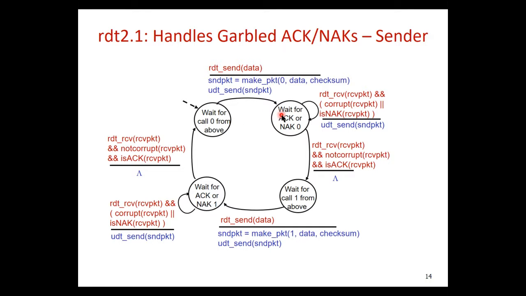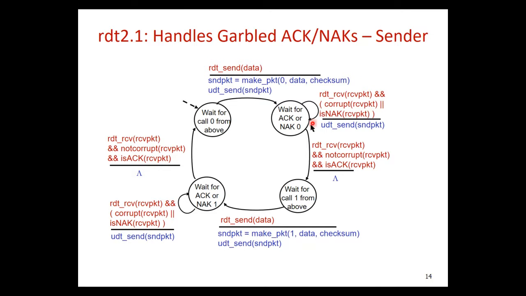Where on this FSM does the sender retransmit packet 0? Here. It's the same packet. And it retransmits packet 0 if it is a negative ACK or, yes, exactly, or it's corrupted, right?